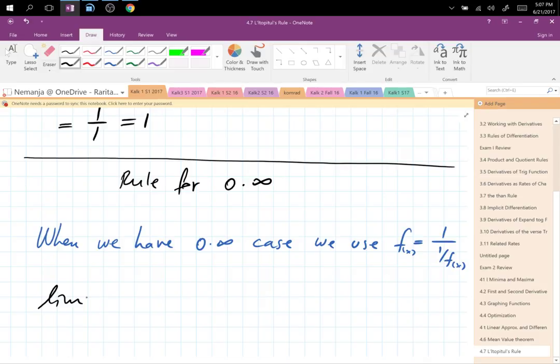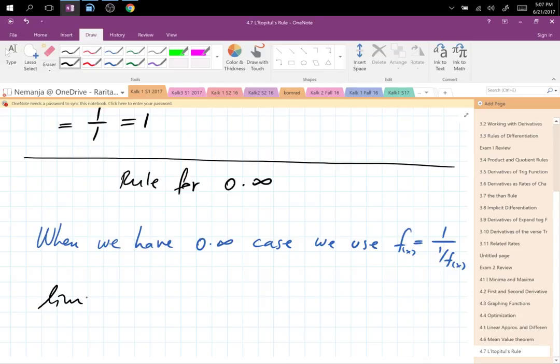Actually, exercises are worse. It's interesting, what they did is they only have 3 questions for it. Yeah, all 8 exercises for 0 times infinity are trig. All of them. Every single one. From 45 to 52. Wait, really? Yeah.